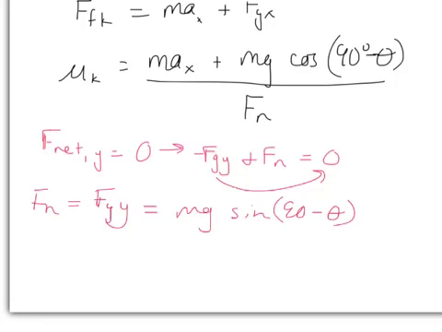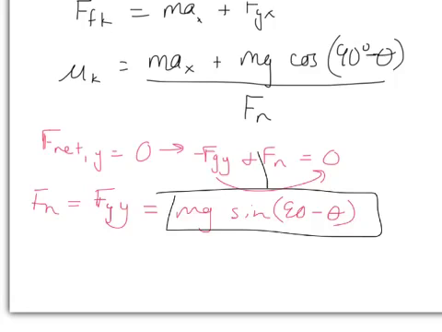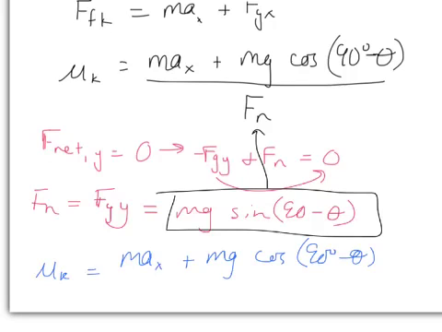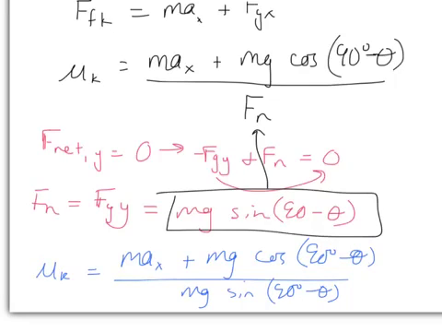So we can take this expression here, which represents Fn, and plug it in right there for our final answer for mu k. So mu k turns out to be max plus mg cos of 90 degrees minus theta, all over mg sine of 90 degrees minus theta.